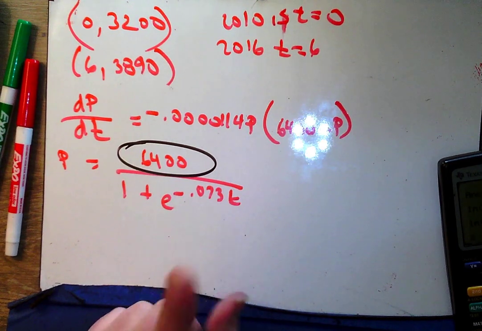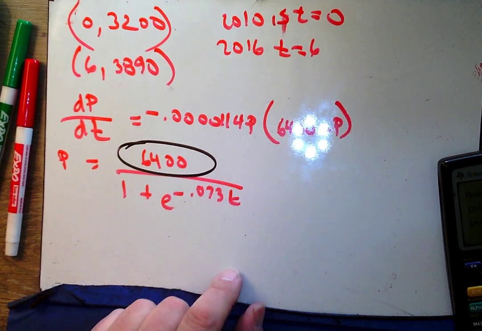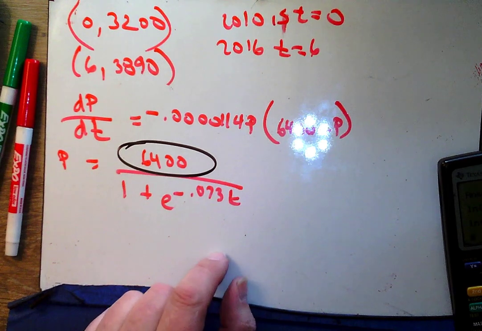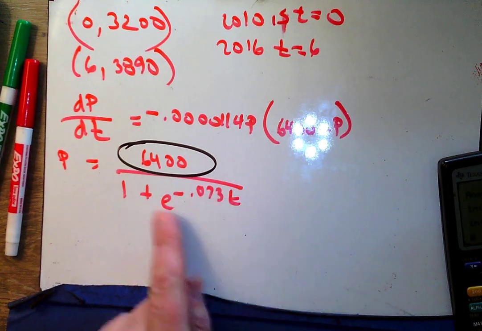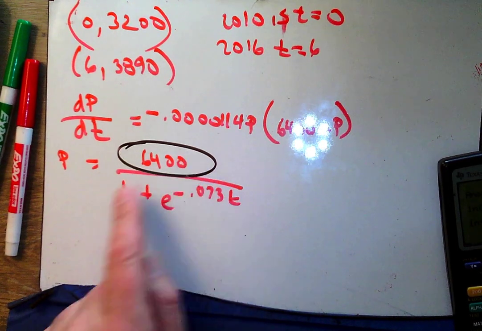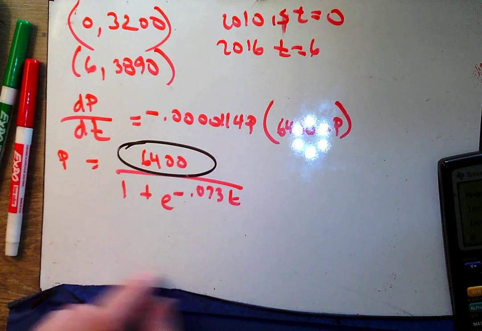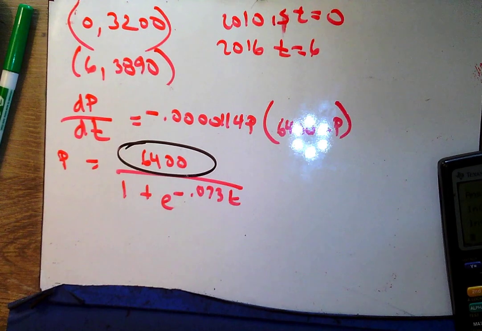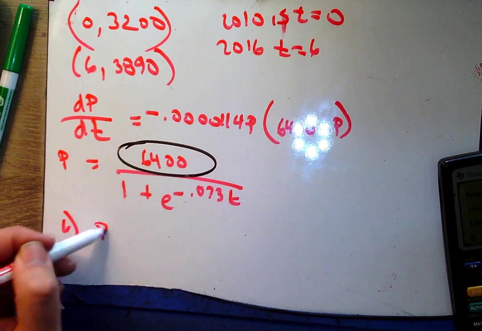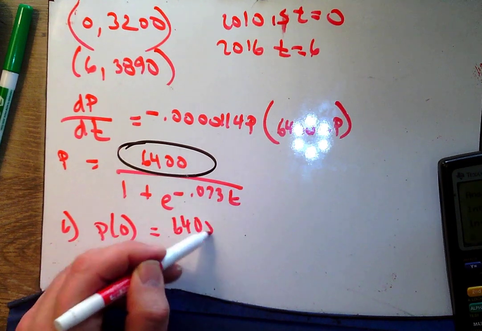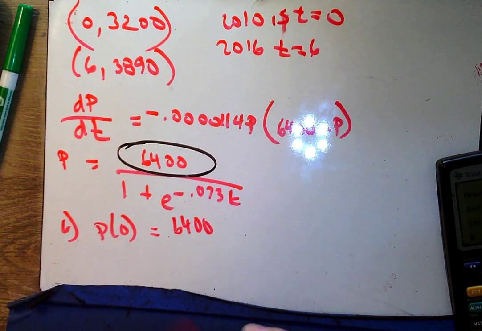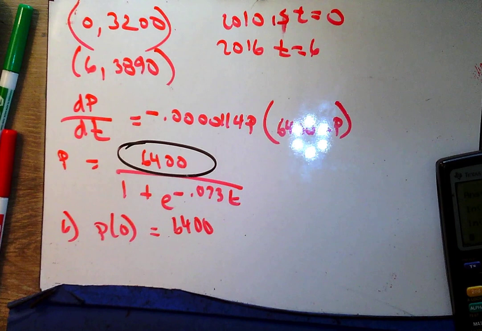If you've got only one pizza and e to the trillion people coming over, you don't get any pizza. That's 0. Plus 1 is 1, and 6,400 divided by 1 is 6,400. So part A, we're looking for p of infinity, and I get 6,400. Okay, part B, find p of 6.